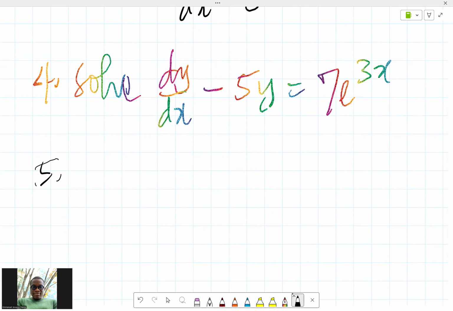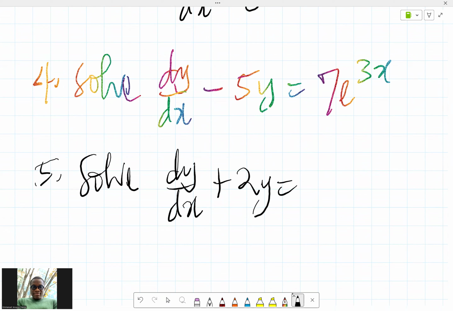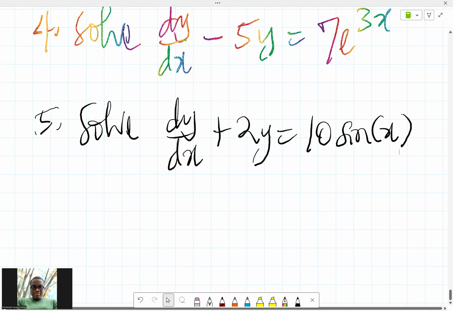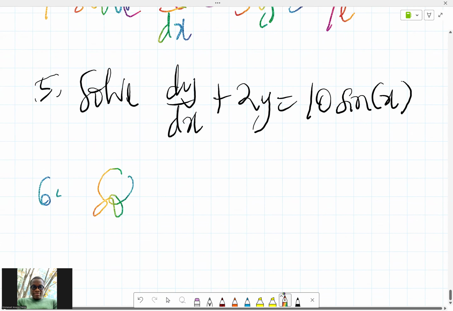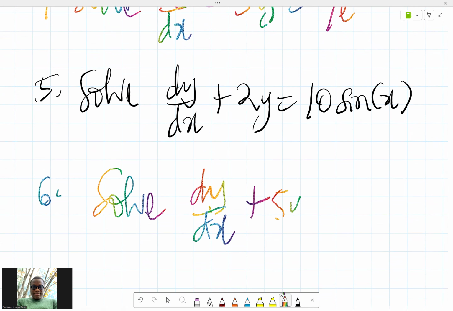How about solving dy dx plus 2y equals 10 sine x. Okay, so P of x is 2 and Q of x is 10 sine x. And lastly, question 6, you want to solve dy dx plus 5y equals 3x squared. So here P of x is 5 and Q of x is 3x squared.